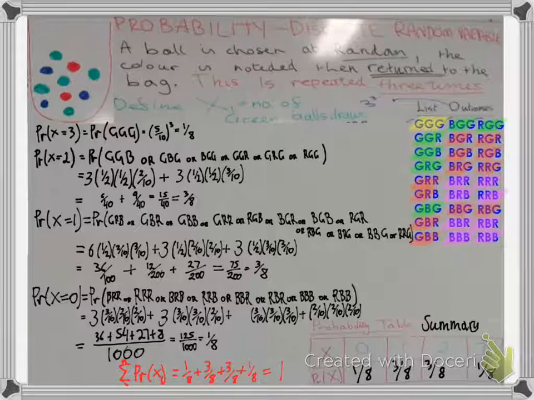Fantastic. So from that, I wonder what the scenario would be like now if a ball is chosen at random from the bag and the color is noted, and then the ball is not returned to the bag. And this process is repeated 3 times.